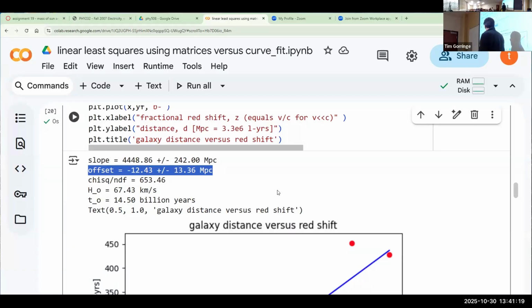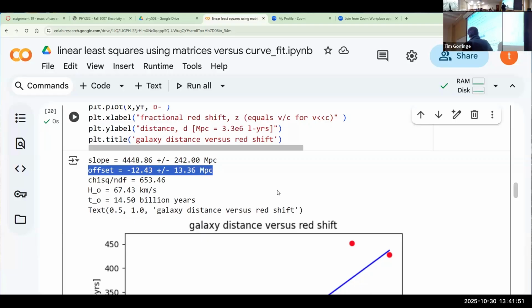The residuals between the model and the data. If you remember, the slope of this plot, because we plotted distance vertically versus redshift horizontally, isn't the Hubble constant. The Hubble constant is 1 over the slope times the speed of light, c over the slope.